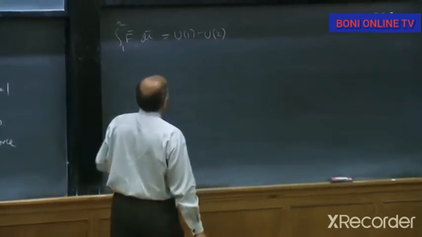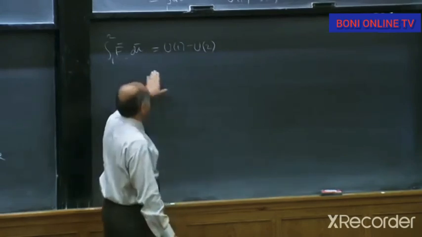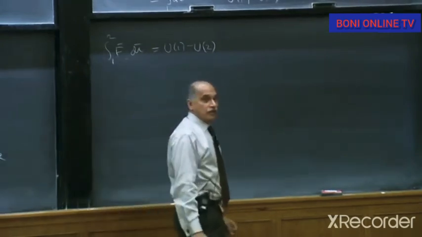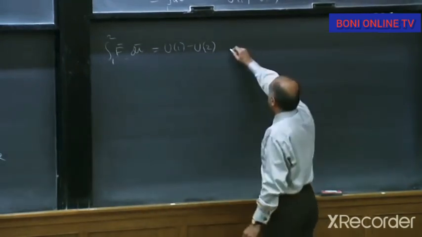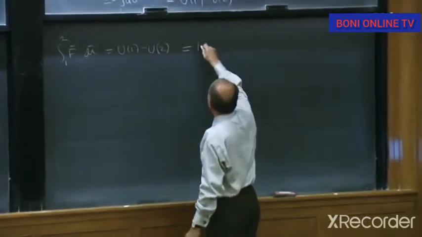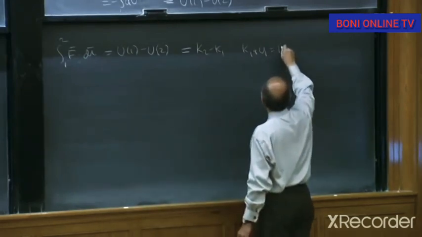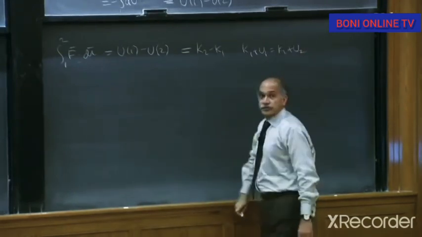So not every f has this property, but an f derived from u by that trick of taking the gradient has this property. Therefore, for that f, we might say this is a conservative force. But we always knew f dot dr is k2 minus k1. Therefore, we get k1 plus u1 is equal to k2 plus u2.